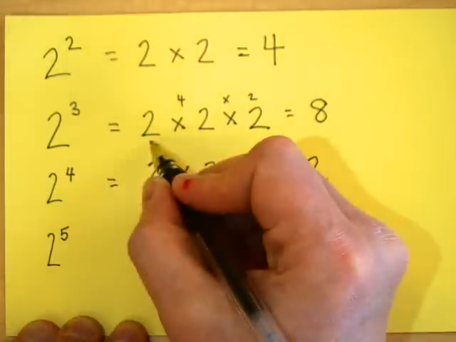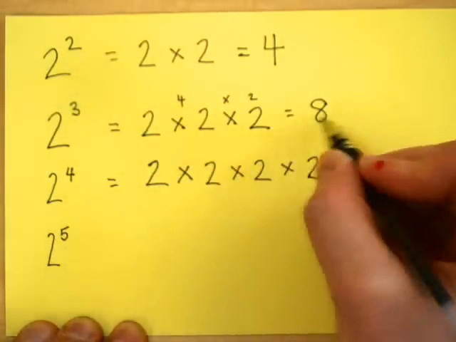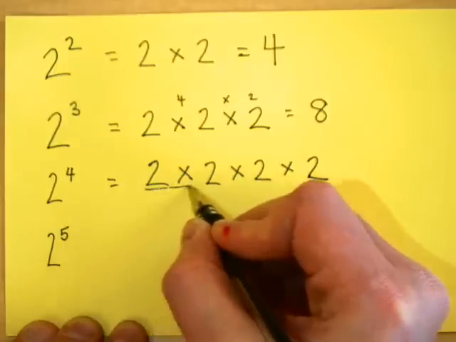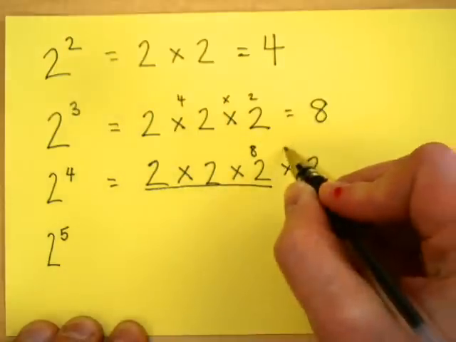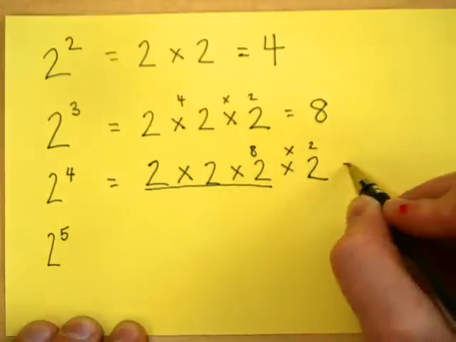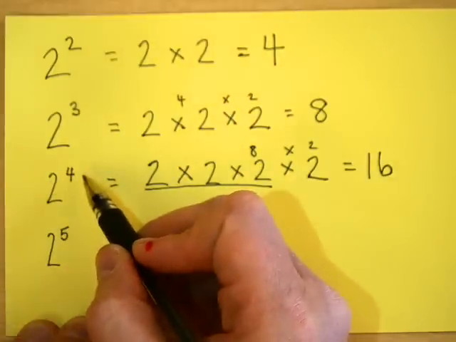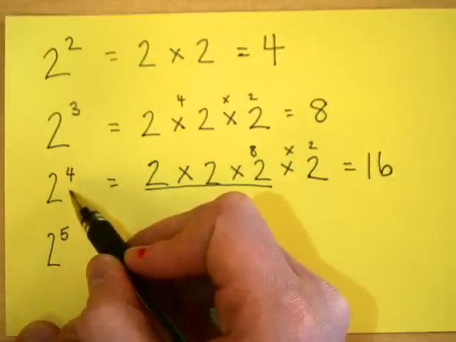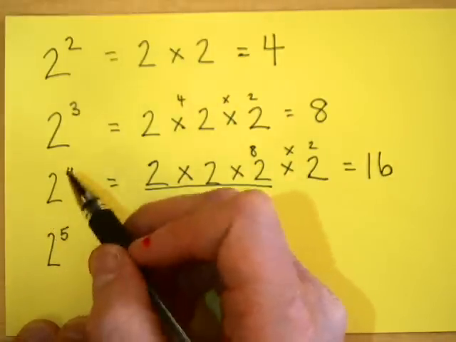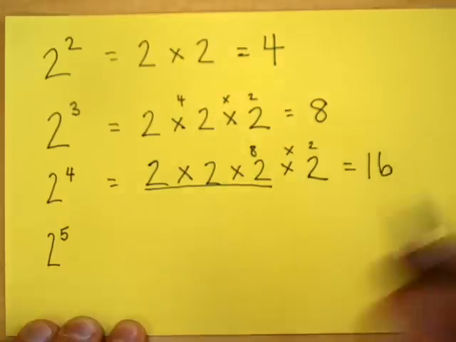You can't do that. You know that 2 cubed equals 8, right? So we can just say this is 8. Now we're going to do times 2 equals 16. So 2 to the fourth, 2 to the fourth power, right? This is the power of 2. 2 to the fourth power equals 16.